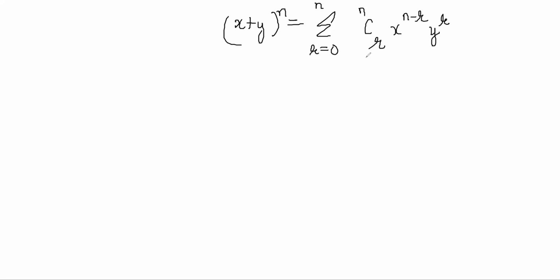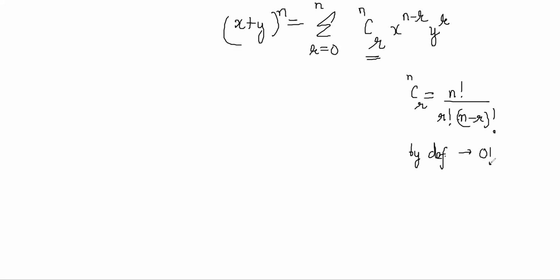So r will match the second term's power. And you know the definition of ncr is equal to n factorial by r factorial times n minus r factorial. You should know that by definition, 0 factorial is equal to 1 factorial is equal to 1.